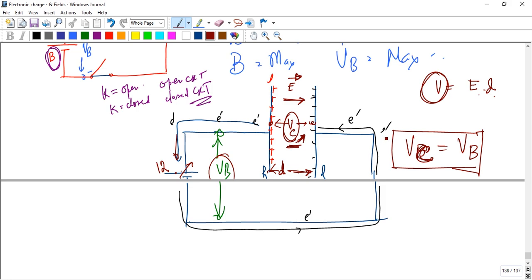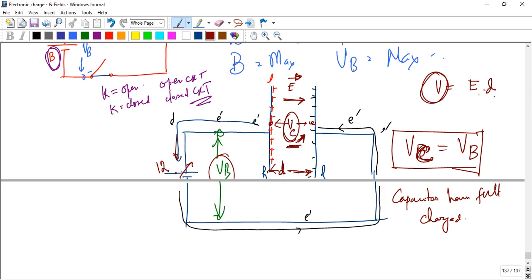It means the capacitor has full charge. VB is not increasing any more, so VC is a fixed value, the maximum value.